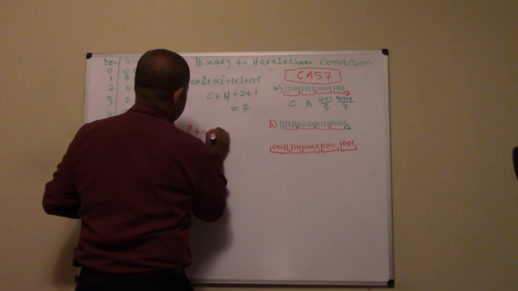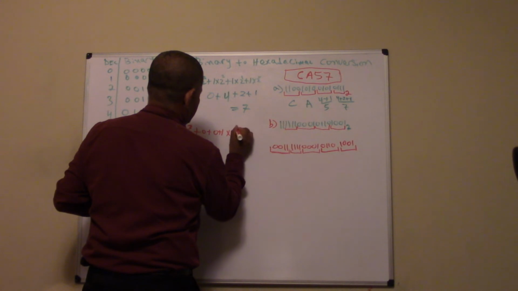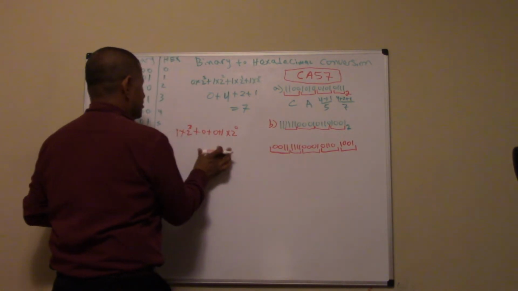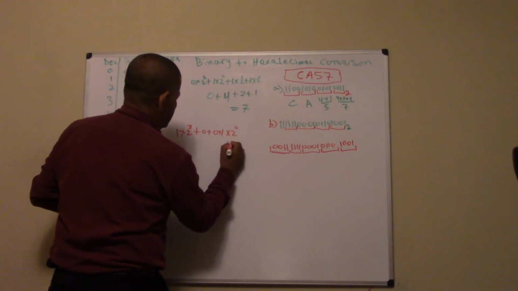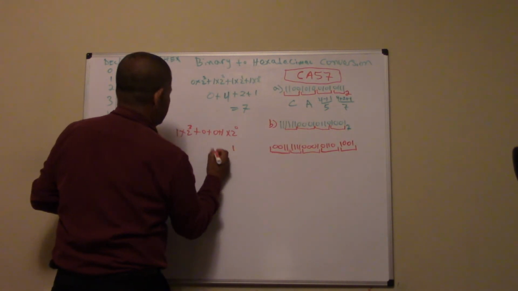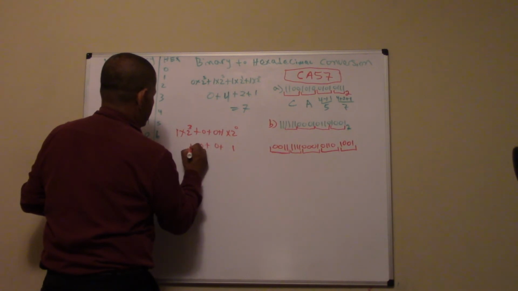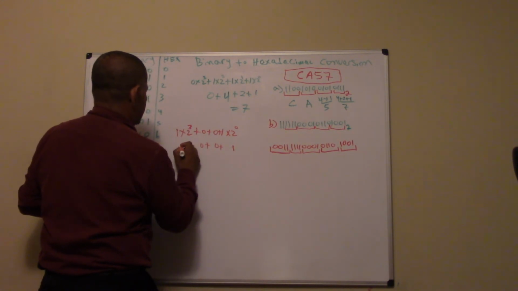Plus 0 plus 1 times 2 to the 0 power. Okay, so this is 1, this is 0, this is 0, and this right here is 8.